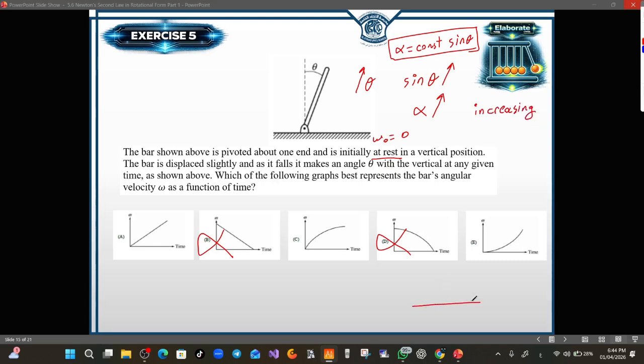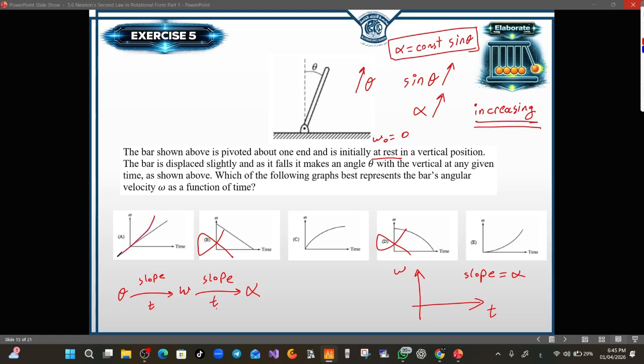On the other hand, for omega with respect to time, the slope of this graph represents the alpha, the angular acceleration, using the trick that the slope of the theta-time graph represents the omega, and the slope in the omega-time graph represents alpha. So we need to look for an omega-time graph such that the slope of this graph is increasing.